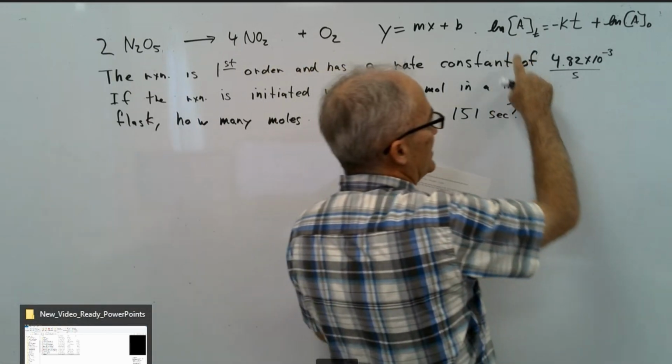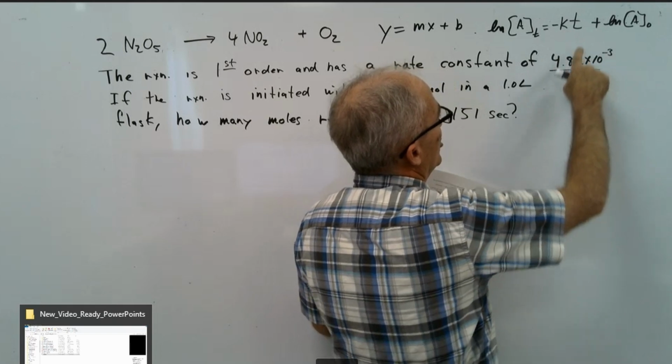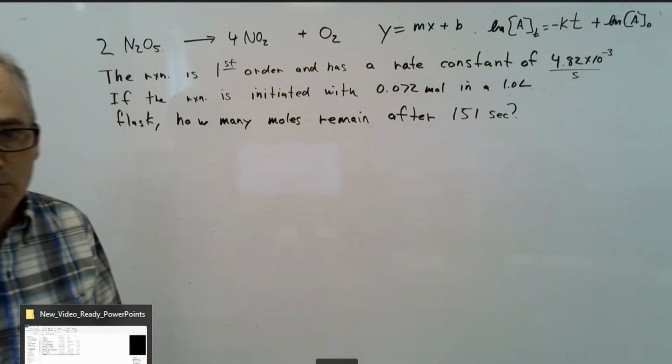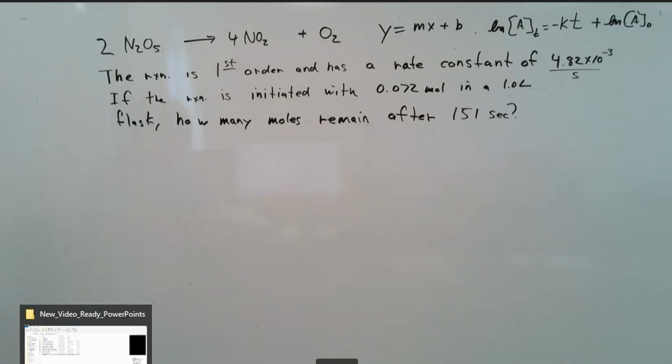So final concentration, initial concentration, and rate constant or time are all the beautiful things we can use this equation to solve for. So now we want to figure out, after 151 seconds, how much of our N2O5 remains. So that 151 is going to be the time.